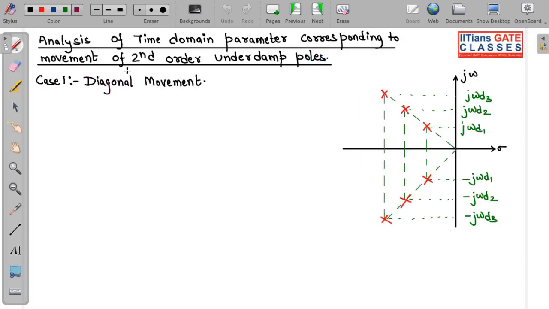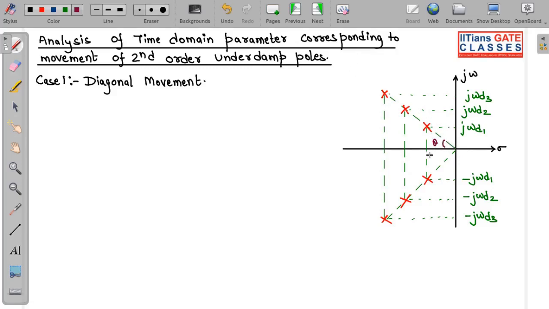The next we have, this is very important for your PSU kind of exam: analysis of a time domain parameter corresponding to the movement of a second order underdamped pole, like in this case. Over here, I have kept this theta, the angle of inclination, same for all the three cases.